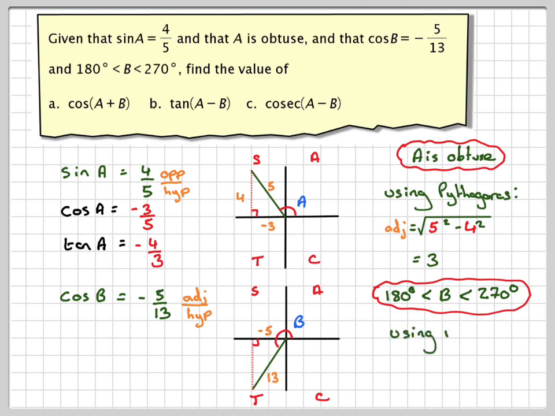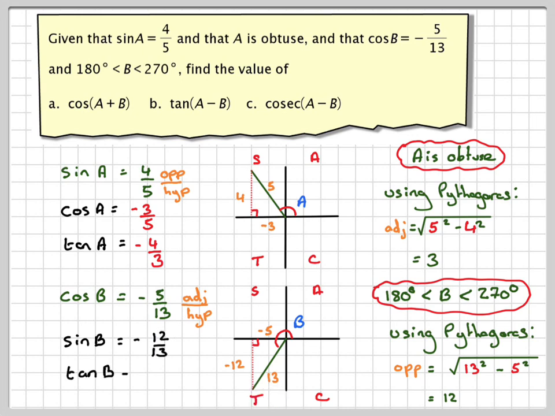Again, if we use Pythagoras' theorem, although you might recognise it as a 5, 12, 13 triangle, square root of 13 squared minus 5 squared is 12, but because this length is going down, it will be negative, and therefore the sine will be minus 12/13, but the tangent will be positive, 12/5, because we've got minus 12 divided by minus 5, which is positive, and we should know in that quadrant that tan is actually positive. Okay, armed with all that information, we can now solve the problem.